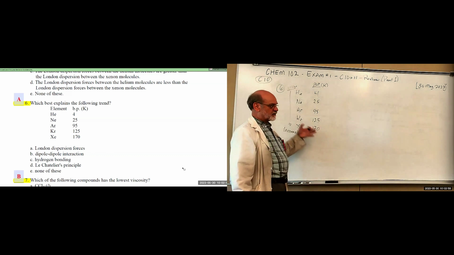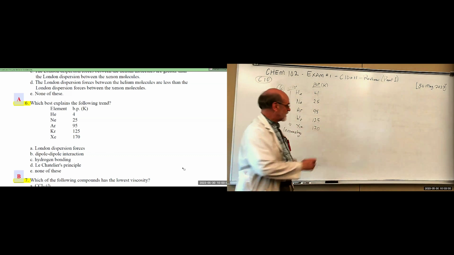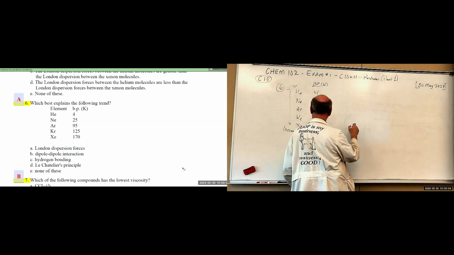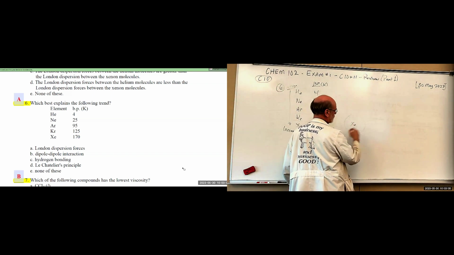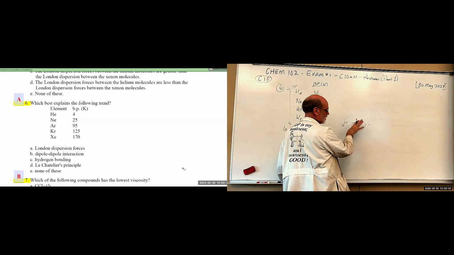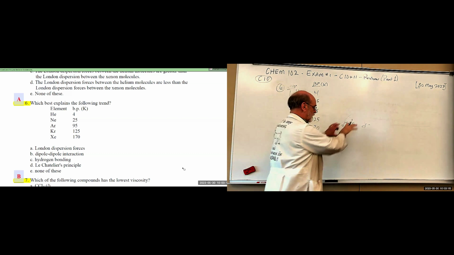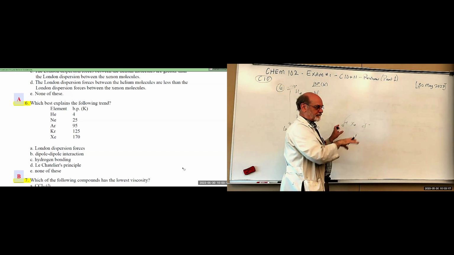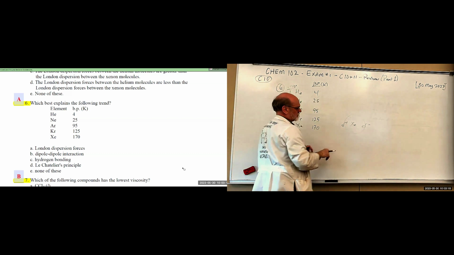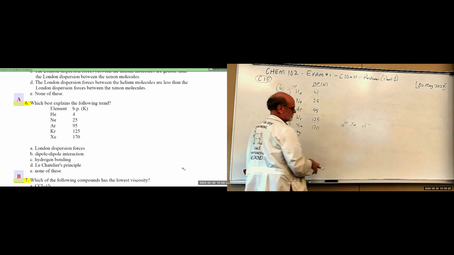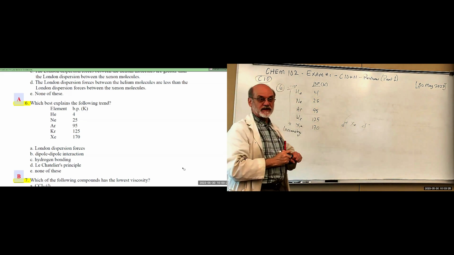So what that means in practical terms is that the distribution of electrons around, say, let's take the biggest one, xenon, you can have a distribution here of electrons on that side and a deficiency on this side, and they're further apart, which means they're more likely to be stabilized by that distance. Now, stabilized is a relative term.